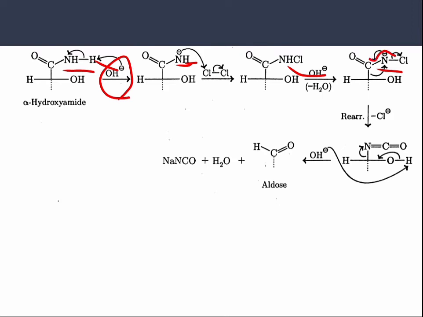Now this will give electron here, and this carbon-carbon bond will be broken, and this bond will be transferred to the nitrogen. So this structure will form after rearrangement. Then this OH minus will take up this proton, and this bond is going here, and this one will be free. So you are getting finally an aldose.